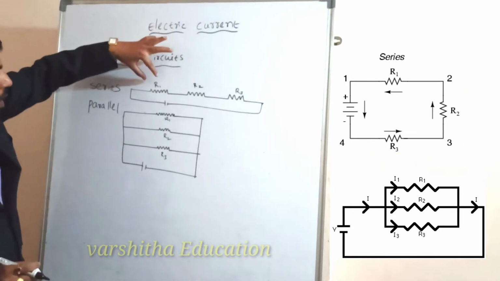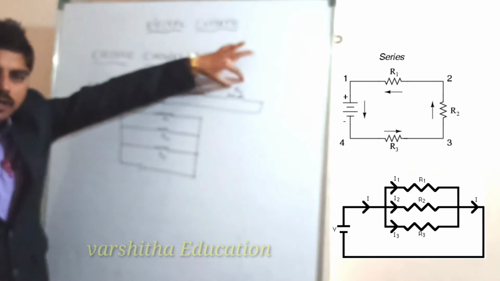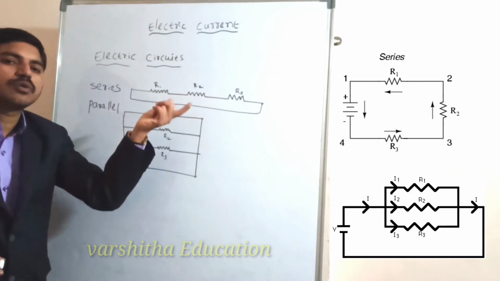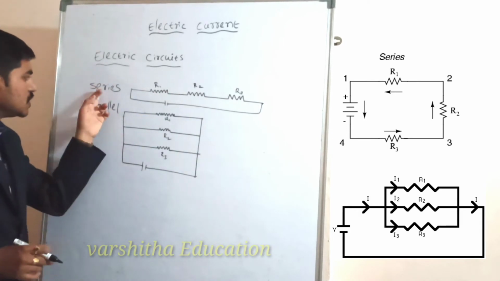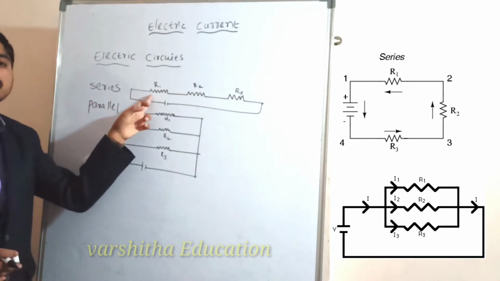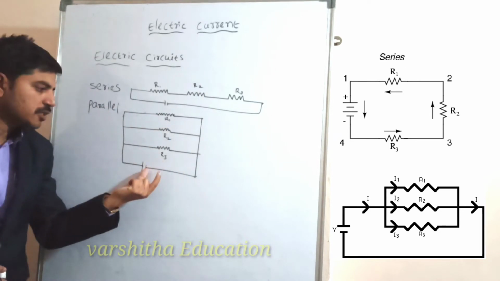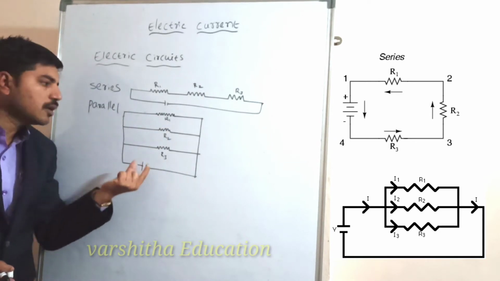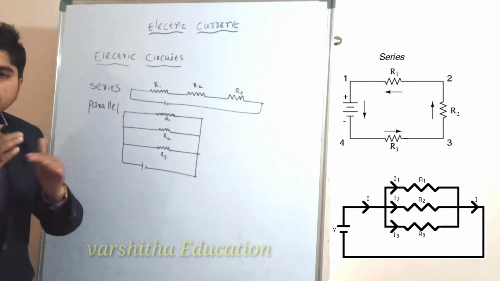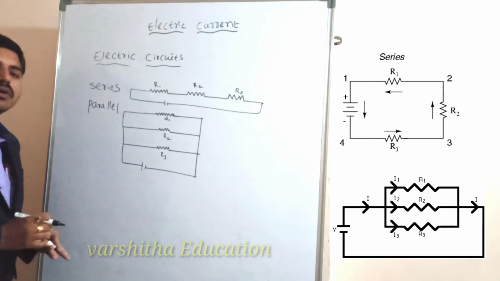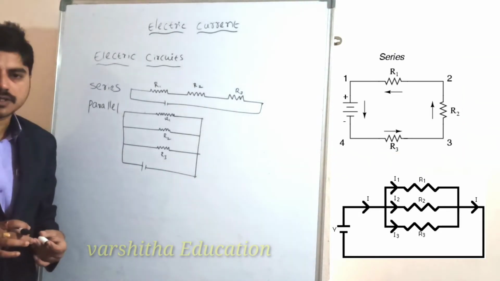So here R1, R2 and R3 have end-to-end connections, depending on one another. This kind of connection is called a series connection, and a parallel connection means each has individual contact with the battery, with no dependency on the other resistances.